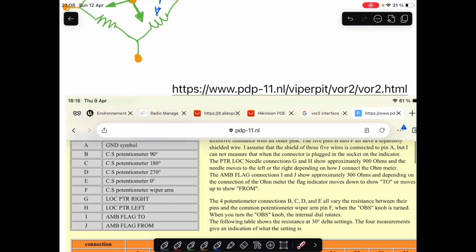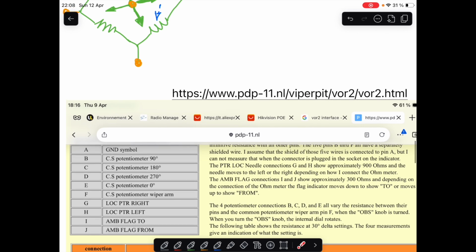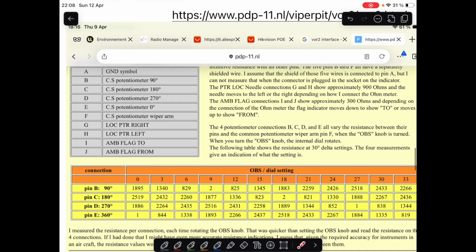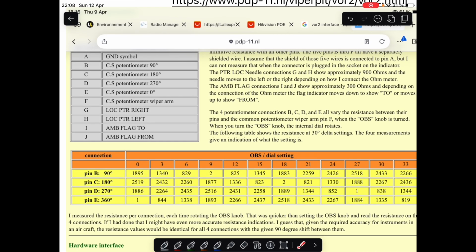He also writes details about the flags and everything. It's quite the same as the VOR2 indicator I have. And on this page, he also measured the resistor values according to the position of the OBS. As you can see, for every rheostat, we measure a different resistance.